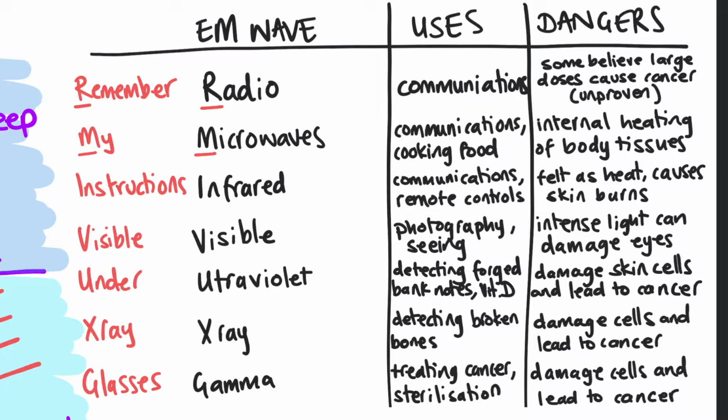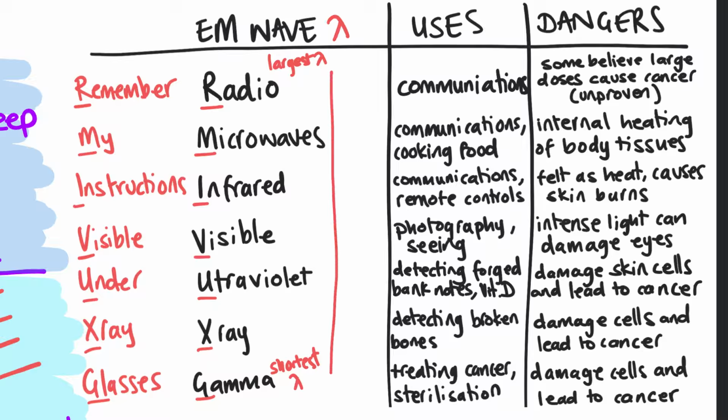Spectrum. So remember my instructions: visible under X-ray glasses. And that represents radio, microwaves, infrared, visible, ultraviolet, X-ray and gamma. So in this particular order, we're starting with radio waves, which have the largest wavelength, and we move all the way down through to gamma, which has the shortest wavelength.